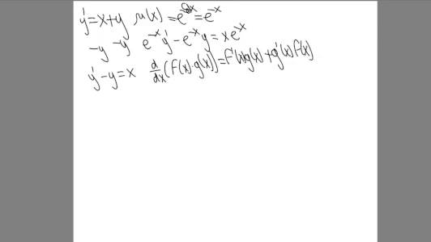Now, you may notice that our f of x could be e to the negative x, and our g of x could be y. So we can substitute those in for that function. So we get d dx of e to the negative x times y is equal to x e to the negative x.